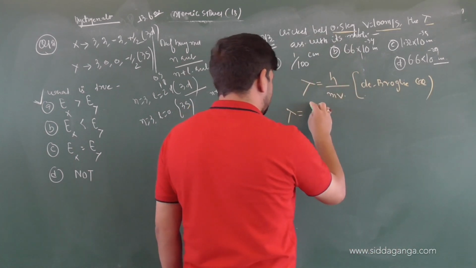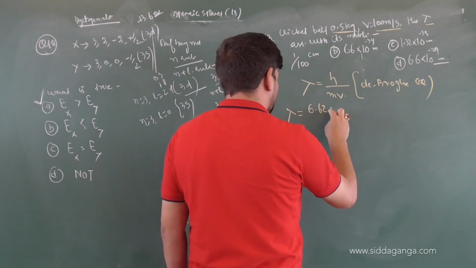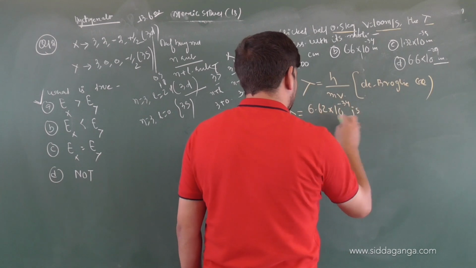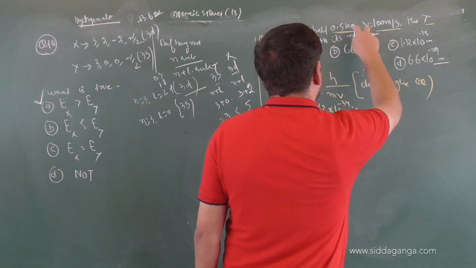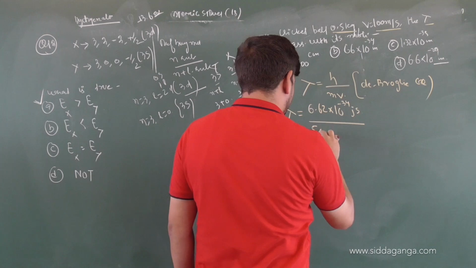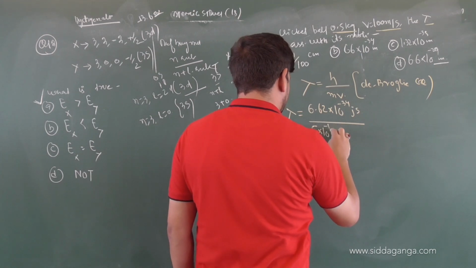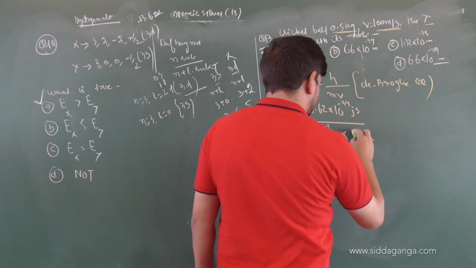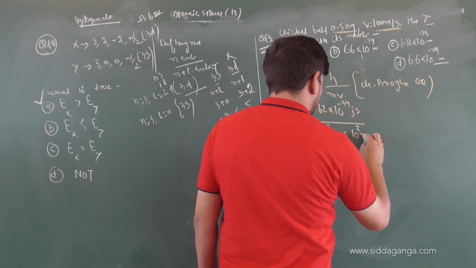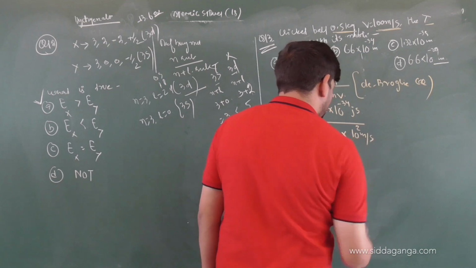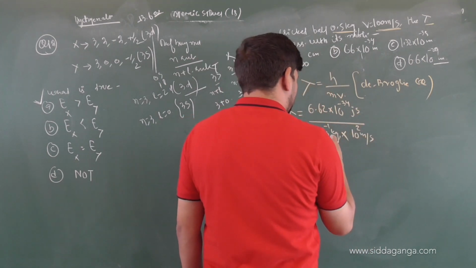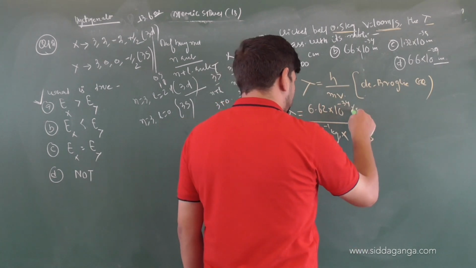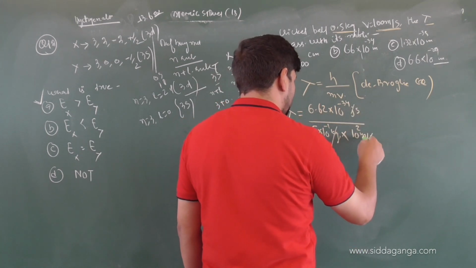Lambda equals h, Planck's constant, 6.62 into 10 to the power minus 34 joule second, divided by mass 0.5 kg, that is 5 into 10 to the power minus 1 kg, into velocity 100 meters per second, that is 10 to the power 2. Joule second in terms of kg, meter square and second square will be joule, and this will cancel off.